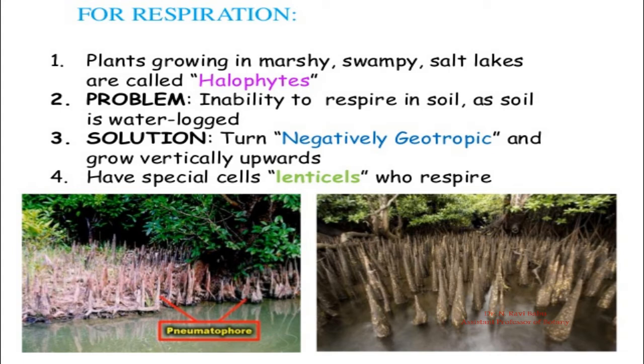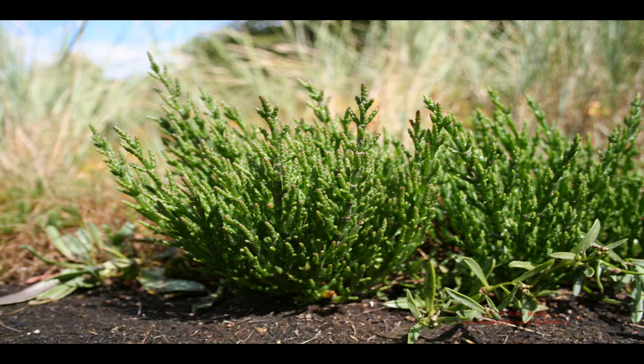Presence of thick cuticle on the aerial parts of the plant body. An example can also be shown in the form of a diagram. Here we can take Salicornia as an example, which is a succulent halophyte.